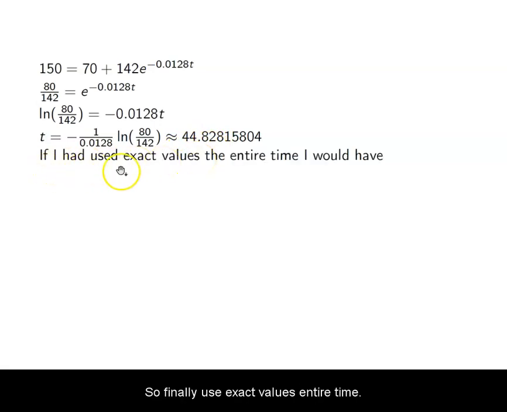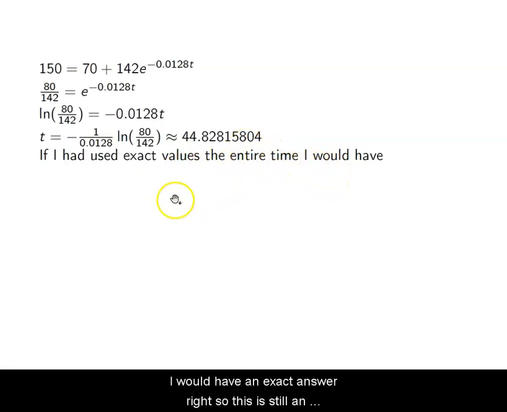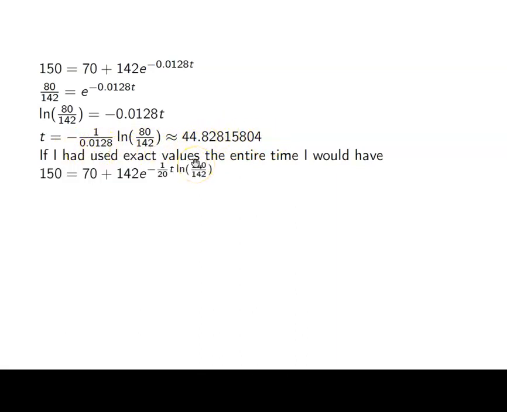So if I had to use exact values the entire time, I would have an exact answer. Right, so this is still an approximation, one because I have a decimal value, but also because I used an approximation value in here. So let's say that we use the exact value the whole time. My equation would be 70 plus 142e, not to this decimal value, but to that exact value.